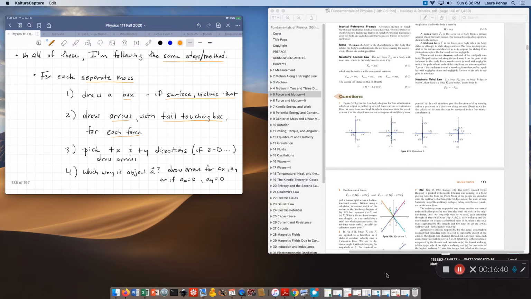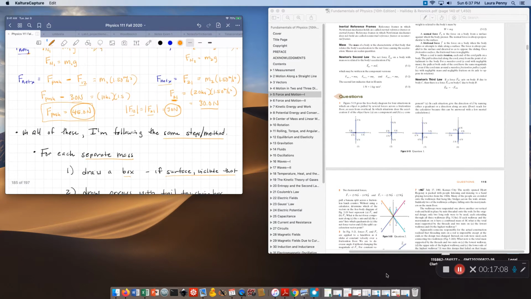Then, although I usually did this afterwards to try to get you to understand why we need to do it, you do need to explicitly pick what's going to be your positive x and your positive y directions if it's two-dimensional. If it's just one dimension, if you only have horizontal, then you can just do positive x. If you only have vertical, you can just do positive y. But if you have two dimensions, you need to have both.